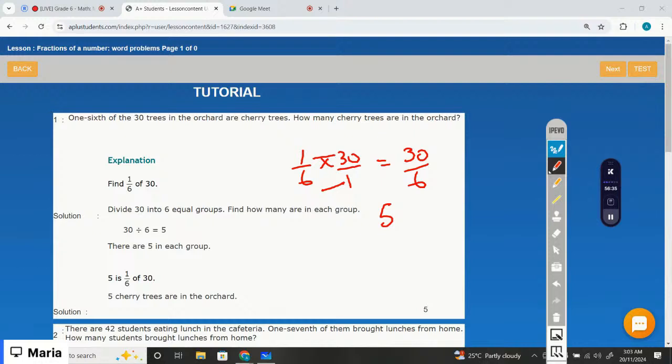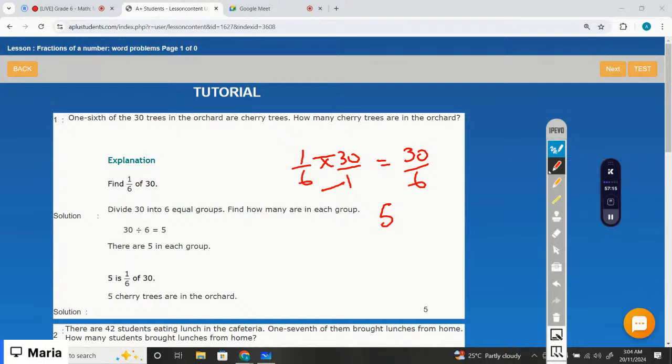So that means one sixth of 30 is 5. The correct option is 5.